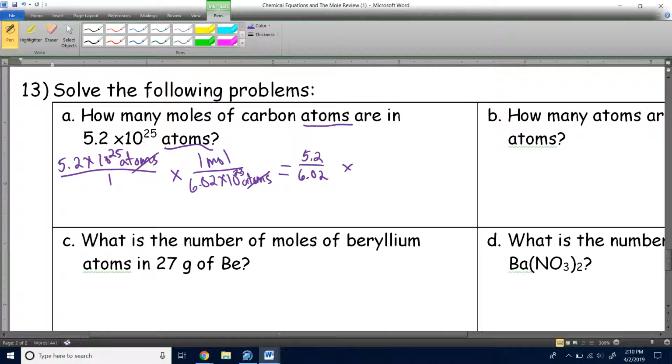And what happens to my powers? We subtract them. So what is 25 minus 23? We have to subtract the powers, and that gives us 2.